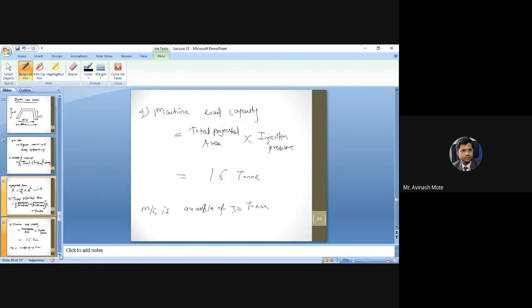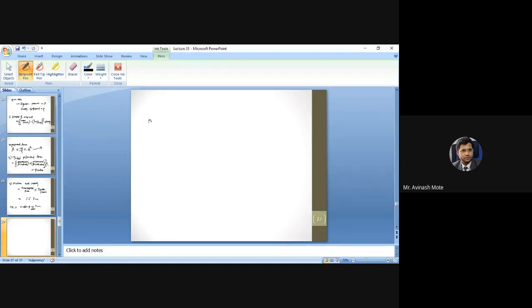Okay. Now quite different problems. Just understand properly. Suppose the machine is not available for 16 ton. It is available for 30 ton. Now what will happen? Because a high capacity machine is available, these parameters are going to be changed. What is our formula?